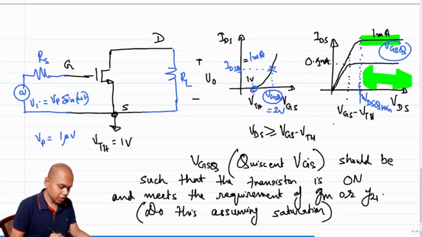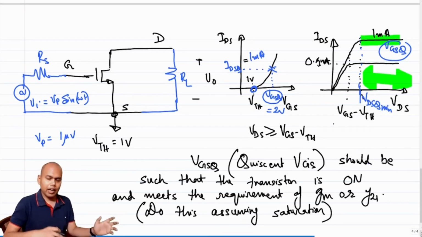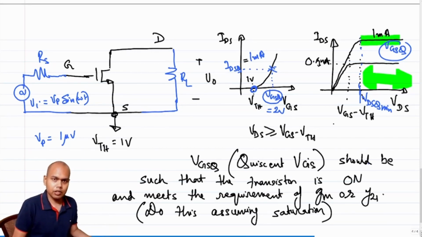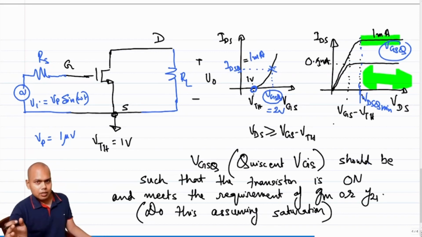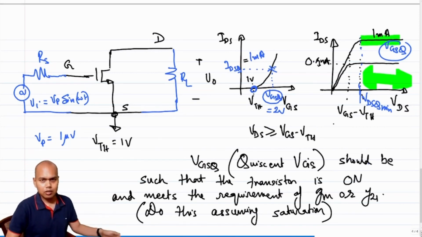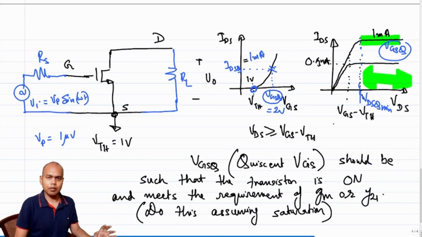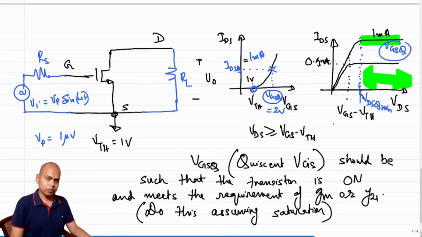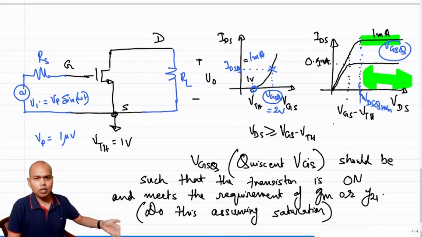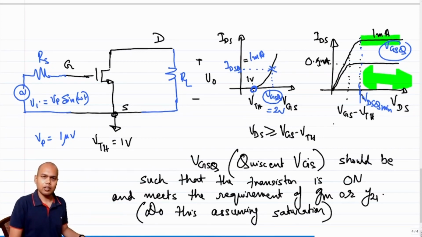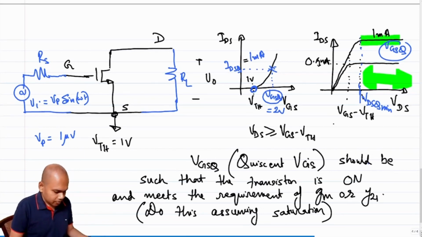Why did I say do this assuming saturation? Because we will try to figure out whether the transistor is in saturation or not when we look at the output side. Let's not bother about whether the transistor actually is in saturation right now. Let's only concentrate on the input side, right? When we go to the output side, we will try to figure out if the transistor is actually in saturation or not. If it's not, then we will take a call of what needs to be done, right?